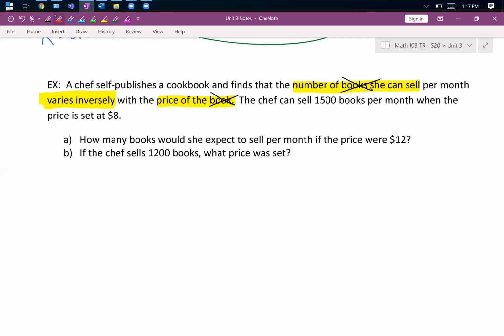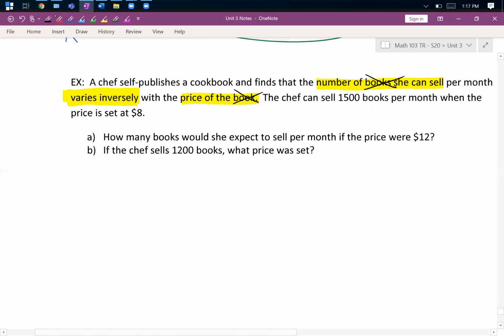So what would our general equation be? N equals K times P. It's inversely. So what do we do when it's inverse? Divide. We divide. Great. Questions on sifting through all the words and getting the general equation?